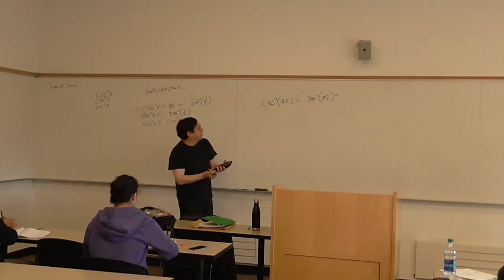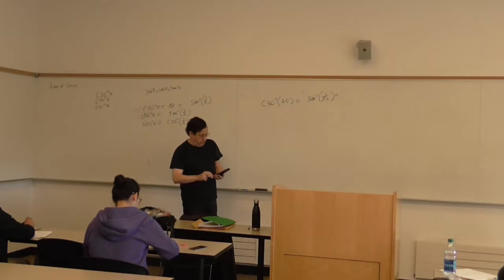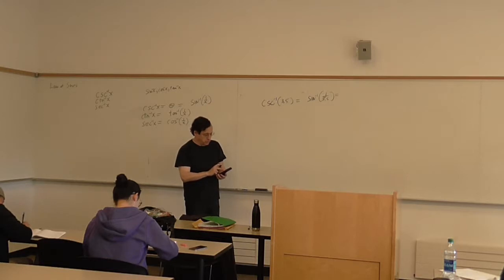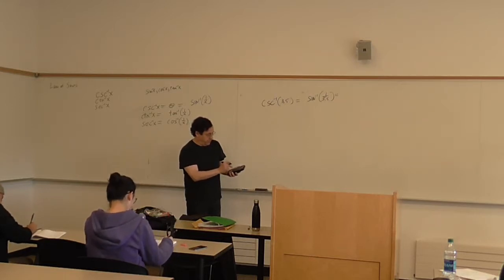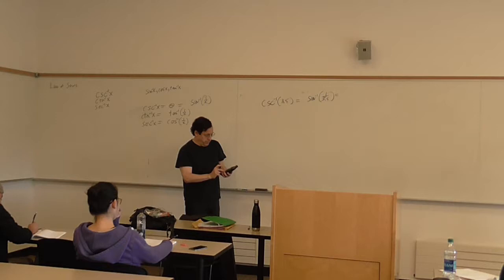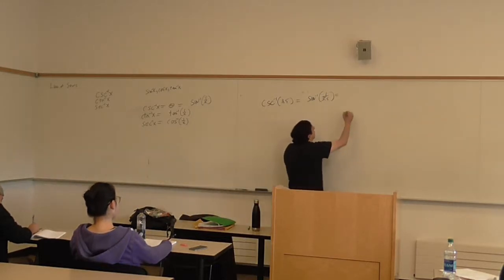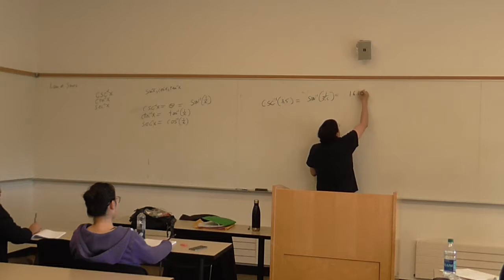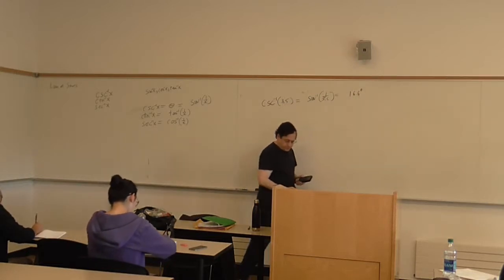A couple buttons. So again, checking that my mode is in degree mode, that'll do. Inverse sine, that's the second key on a TI. 1 divided by 3.5, get about 16.6 degrees.